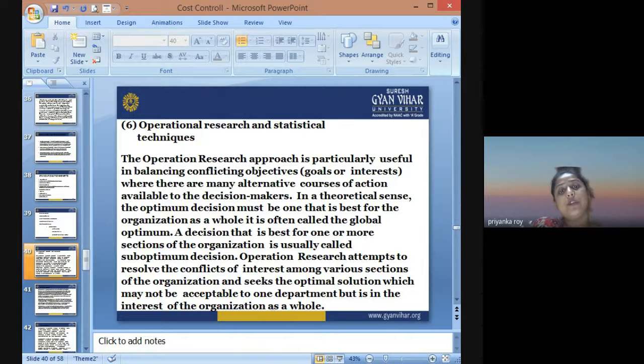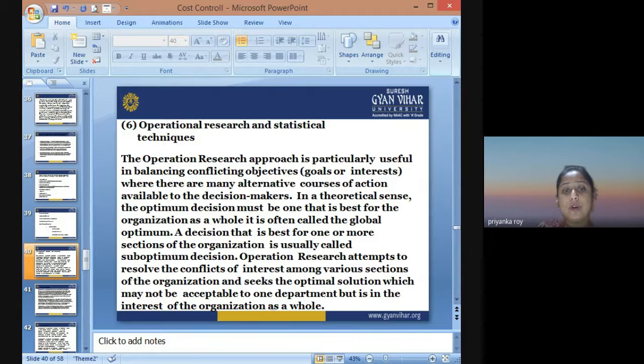Now, operational research and statistical techniques are also implemented. That is, the operational research approach is used particularly in balancing the conflicts where there are many alternative courses of action available to decision makers. In a theoretical sense, the optimum decision must be one that is best for the organization as a whole.